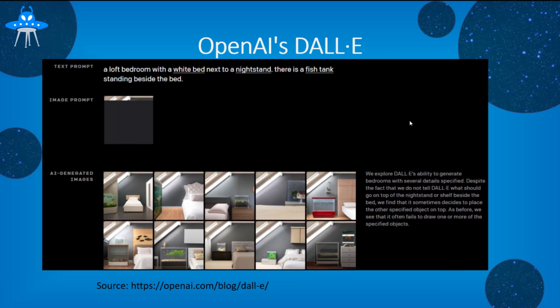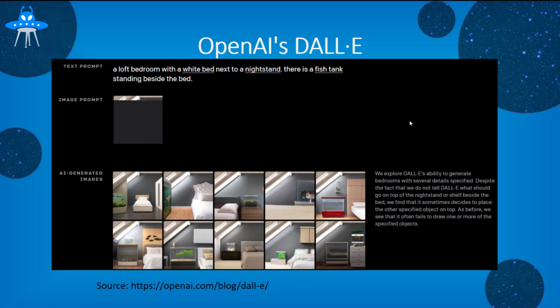Maybe you want to spark new ideas, so you put in maybe a short sentence about a specific space, and then it generates all these different types. Maybe they don't make sense, maybe it puts things in the wrong places, but it may spark some ideas. So you can see here's another example where it has a text prompt and an image prompt.